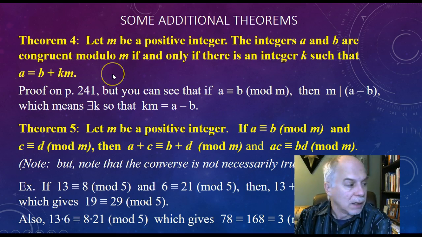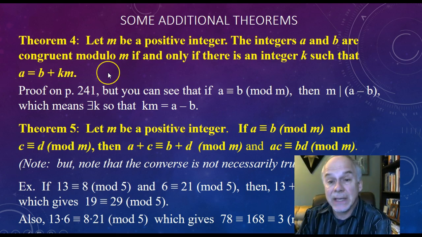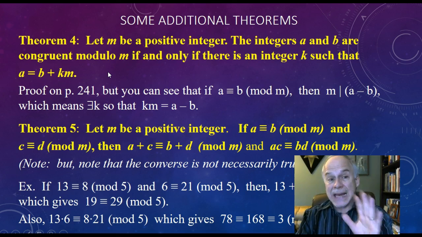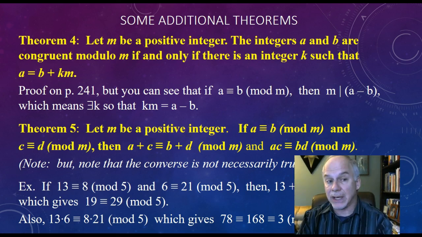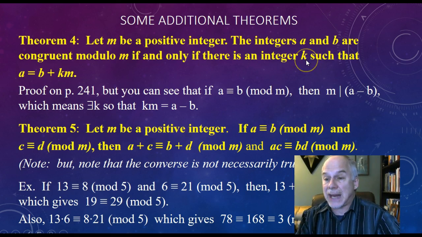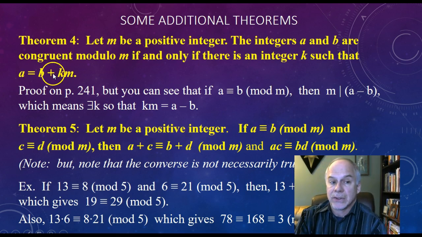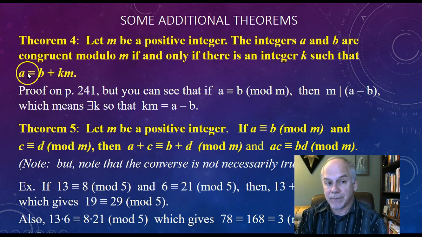Okay. Some additional theorems. Theorem 4: Let m be a positive integer. The integers a and b are congruent modulo m if and only if there's an integer k such that a equals b plus k times m. So why is that?